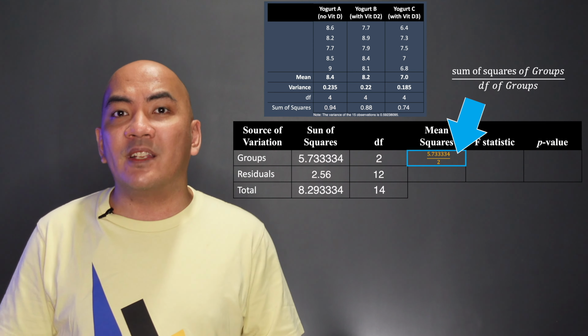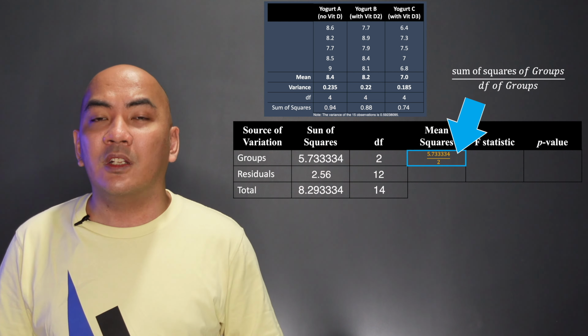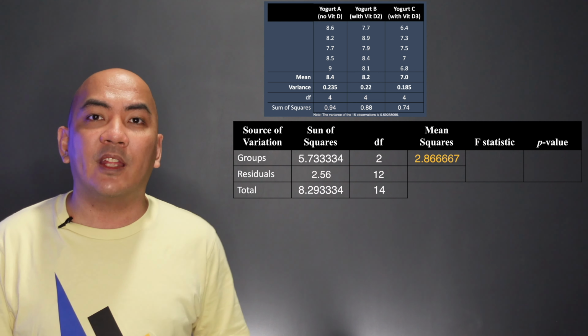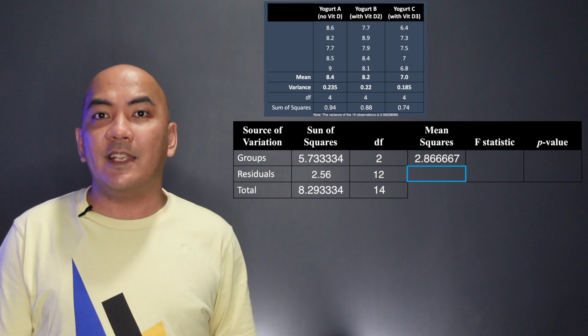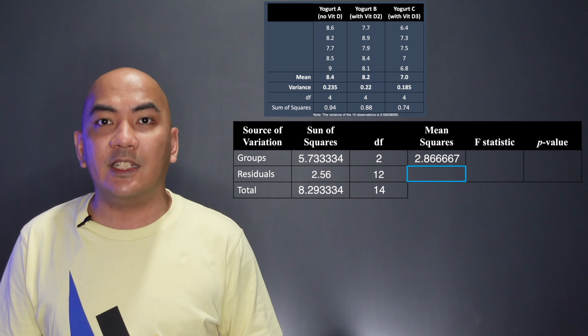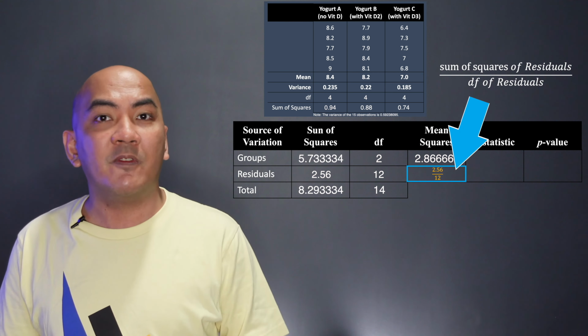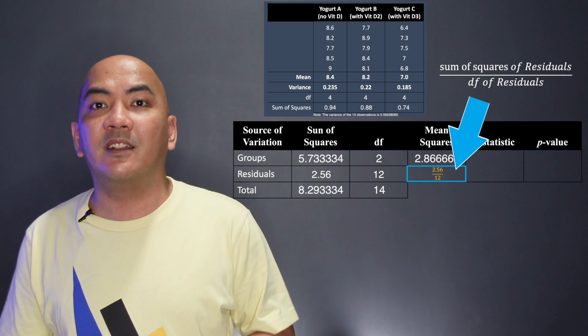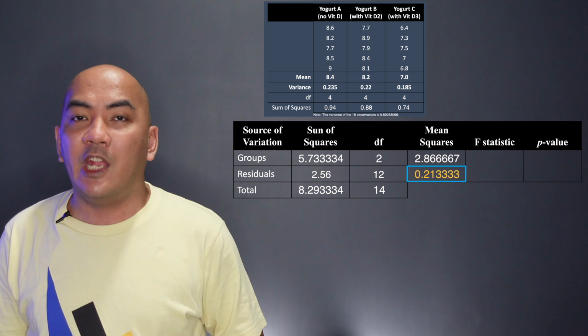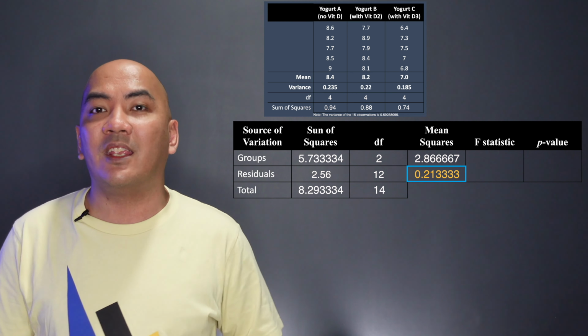So that's 5.73334 divided by 2, and we get 2.8666667. Similarly, for the mean squares of the residual, we divide the sum of squares of the residual, which is 2.56, by its degrees of freedom, which is 12, and we get 0.21333.